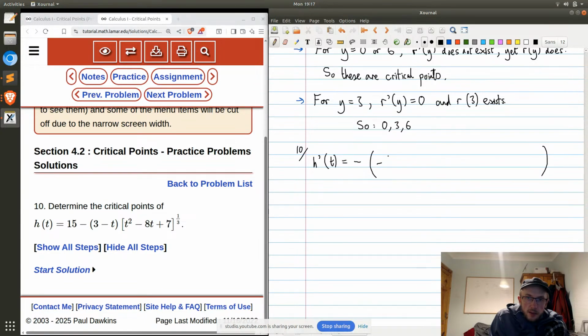And leave the second function alone. Take 8t plus 7 to the 1/3. Okay, and then a plus sign.